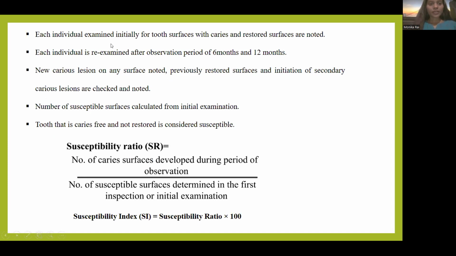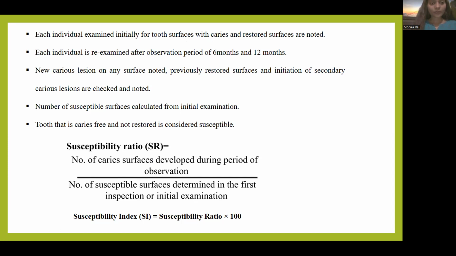Each individual is examined initially for tooth surfaces with caries, and restored surfaces are noted. Each individual is re-examined after an observation period of 6 months and 12 months. New carious lesions on any susceptible surface noted previously, restored surfaces and initiation of carious lesions are checked and noted.